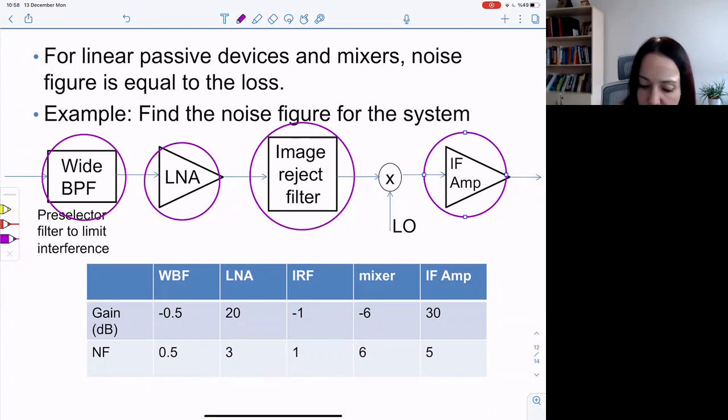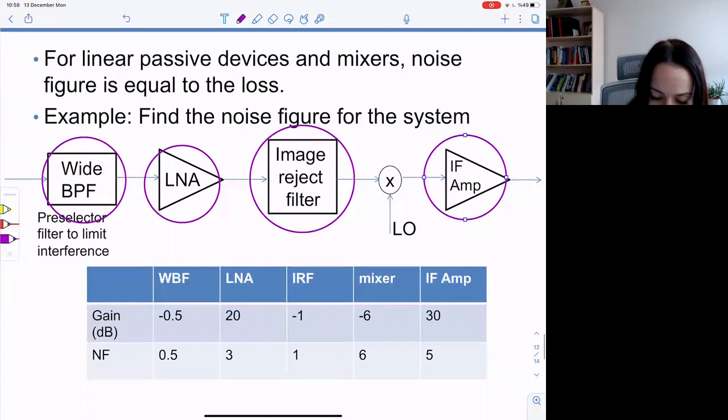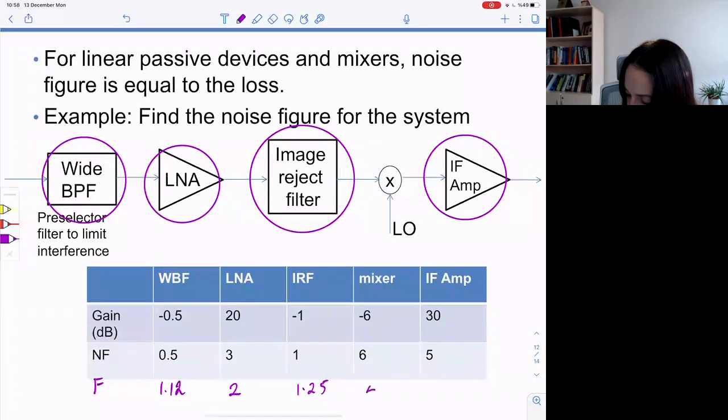Let's convert the noise factors to noise figures, or the other way around. 1.12, 1.25, 3.16. Okay, so I would like you to think about this cascade.